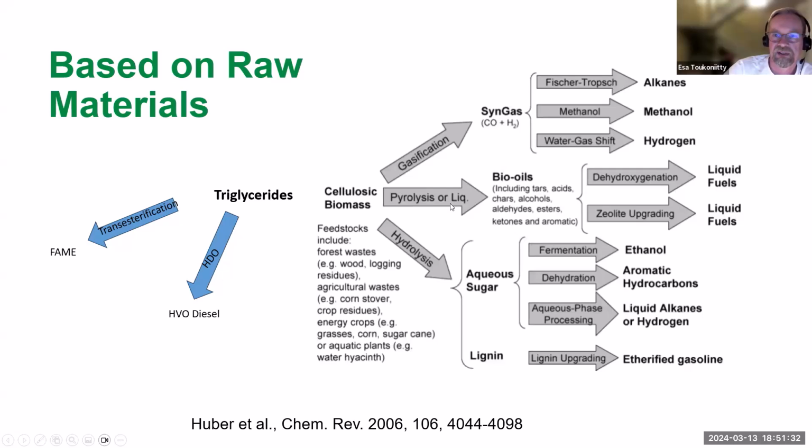These are also part of the process, two processes that we take a look at later on. So you end up with bio-oils. Synthesis gas is fairly easy to purify and a simple mixture. Bio-oils are a mixture of tens of different hydrocarbons, alcohols, and other chemicals. So those have to be upgraded.